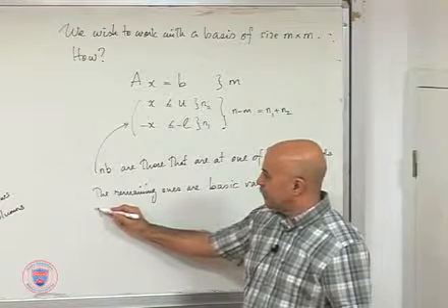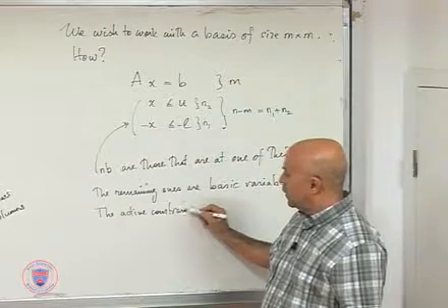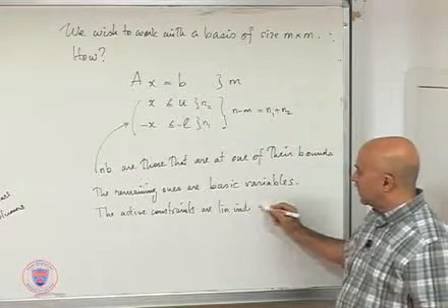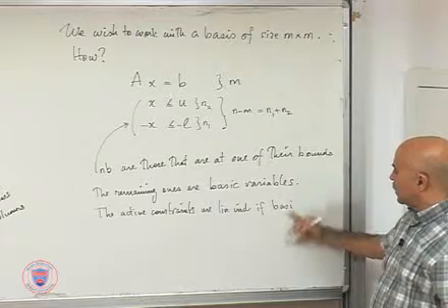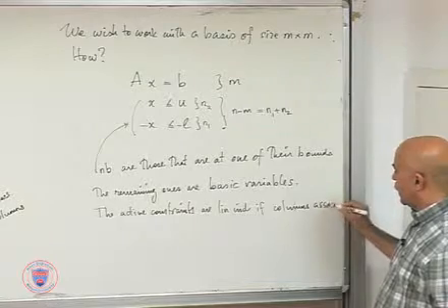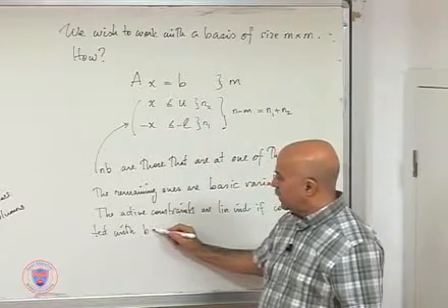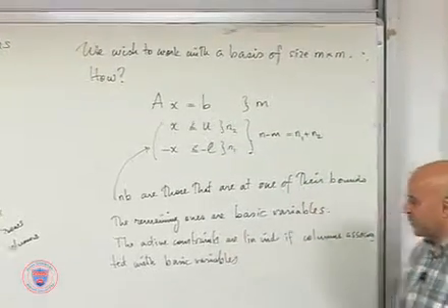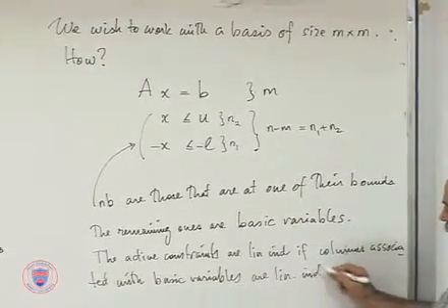The active constraints taken in this way are linearly independent if the basic variables or the columns associated with the basic variables, or the variables that are going to be solved for, are linearly independent.